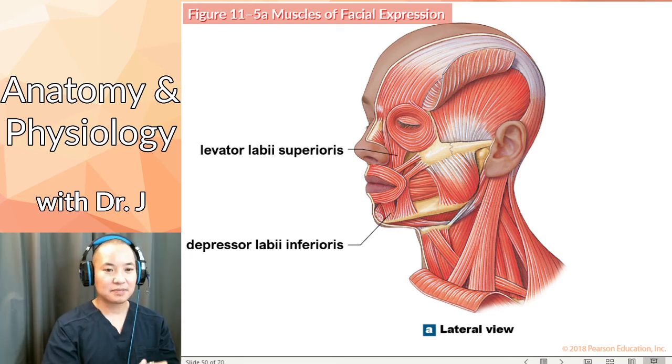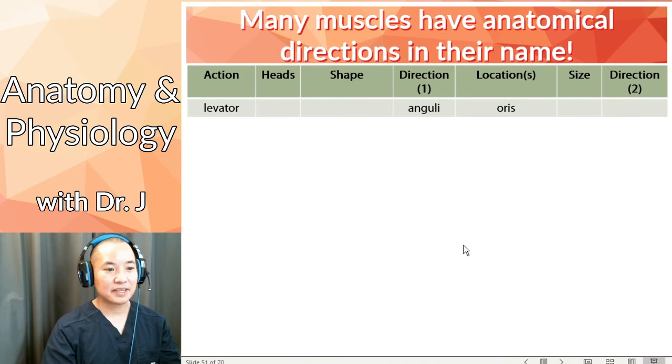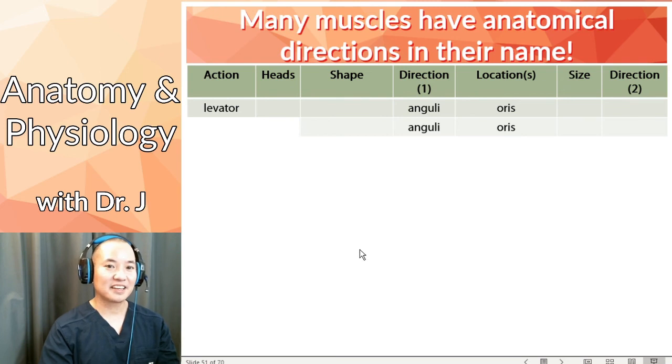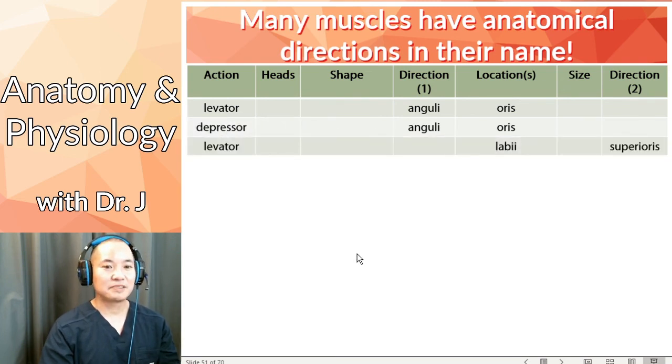So that's the cool thing about knowing these directions and antonyms, is that sometimes you have these paired muscles that have direct opposites. Many muscles have anatomical directions in their name. That's what's really cool. Sometimes you have opposite actions like elevation and depression here, but you also have superior in the levator labii superioris, and the opposite with depressor labii inferioris.